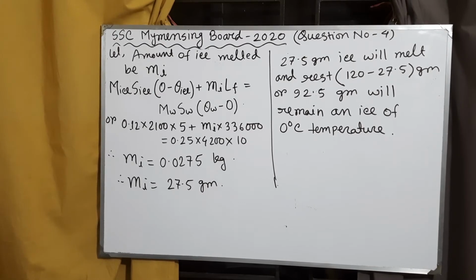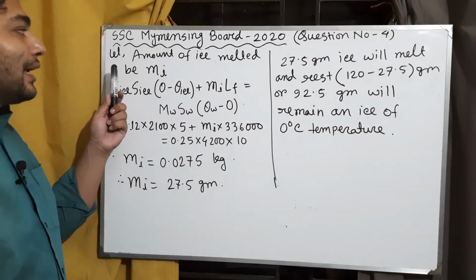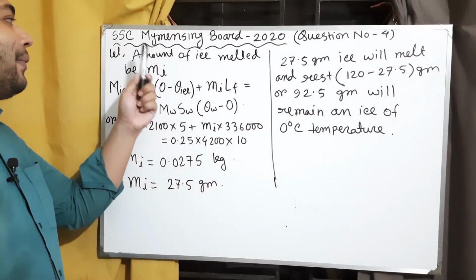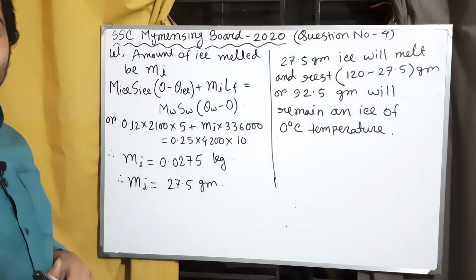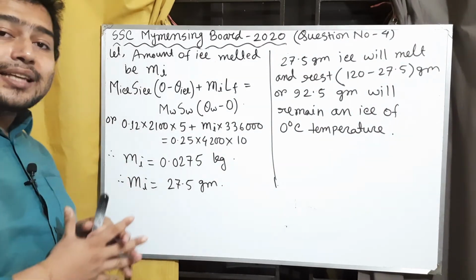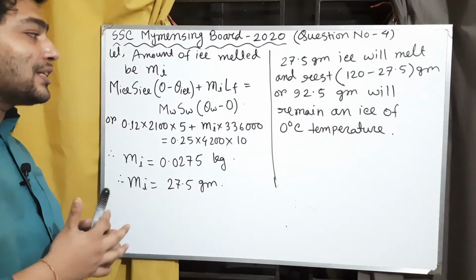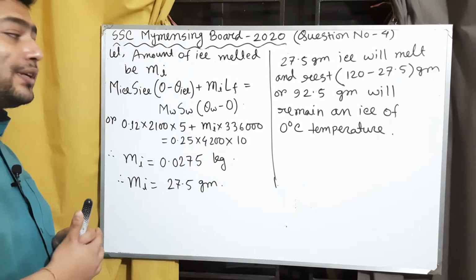Water and ice both will exist at that temperature. So in this case, my dear students, the amount of ice melted be Mi, and the temperature of the mixture will be 0 degree.